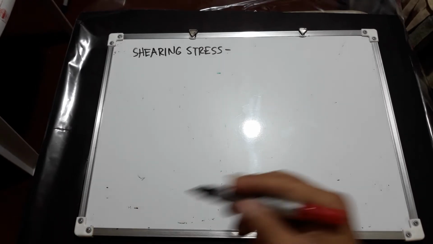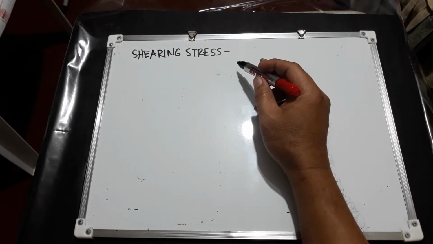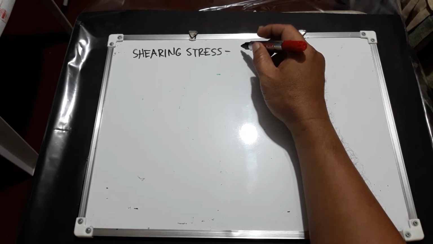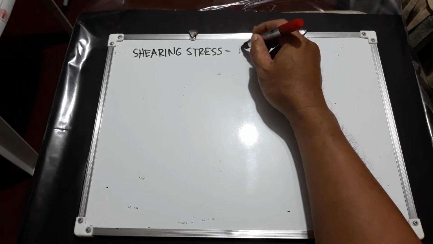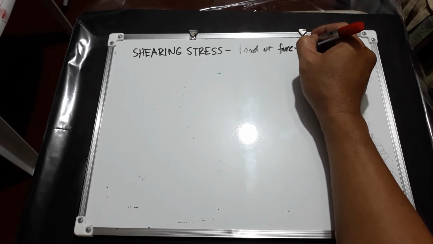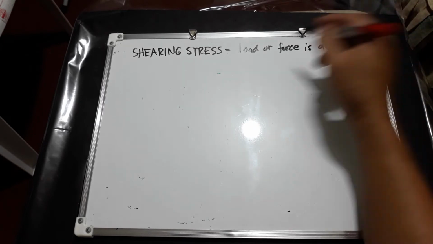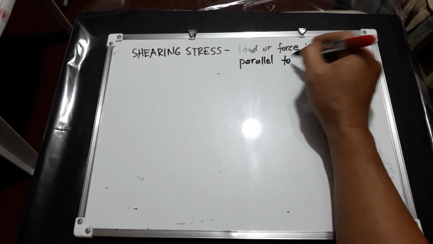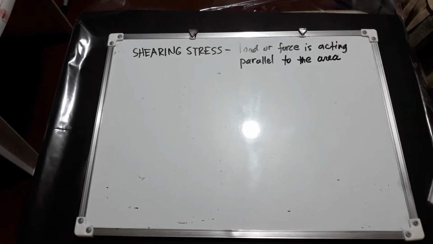So the third type of stress that we need to learn is the shearing stress. The shearing stress has the characteristic that the load or force is acting parallel to the area that is resisting the load.